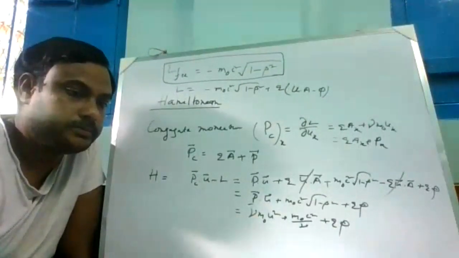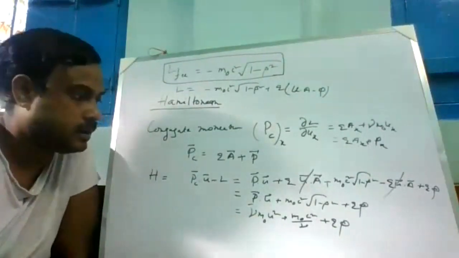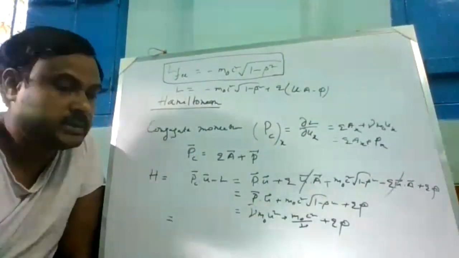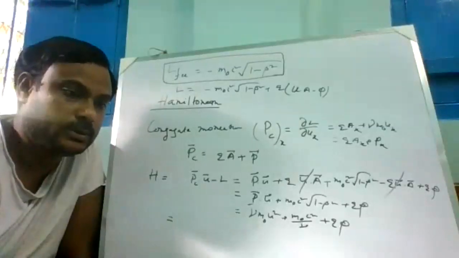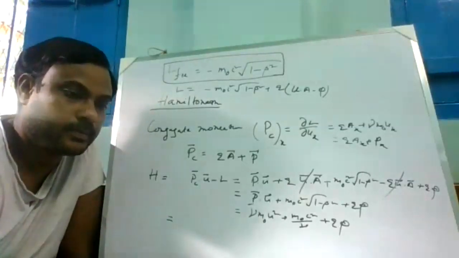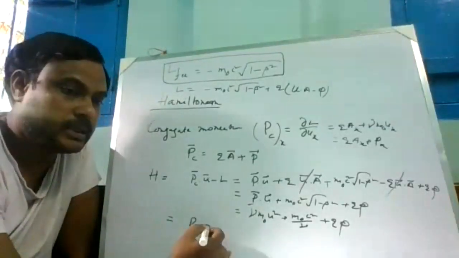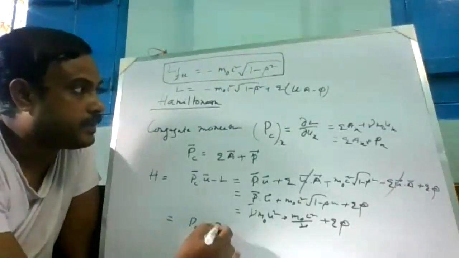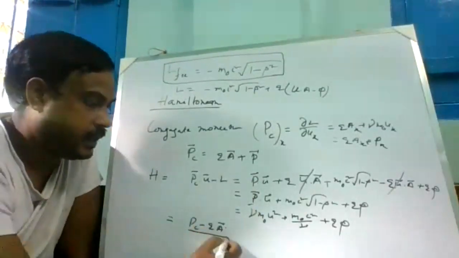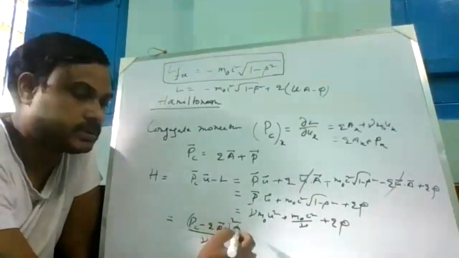Now this can be written if you work out u. Then it will be (Pc minus qA) over γ m0, so P² over γ m0 by twice this form.